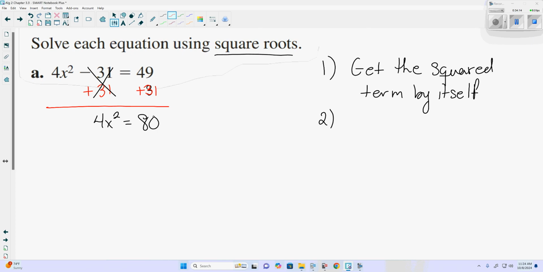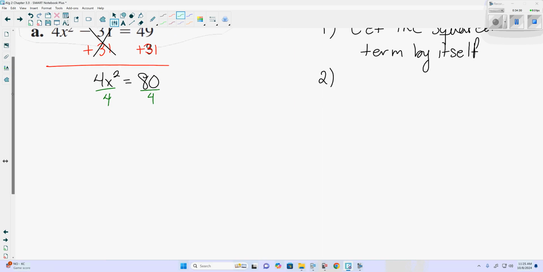Is our squared term by itself? The 4 is what's with our squared term. So we need to divide both sides by 4. So that will tell us that x squared is equal to 20.